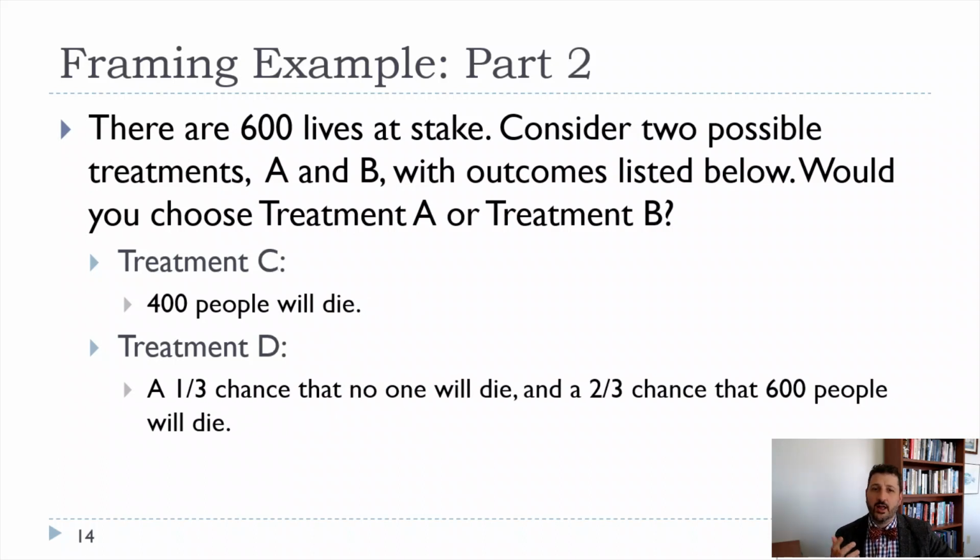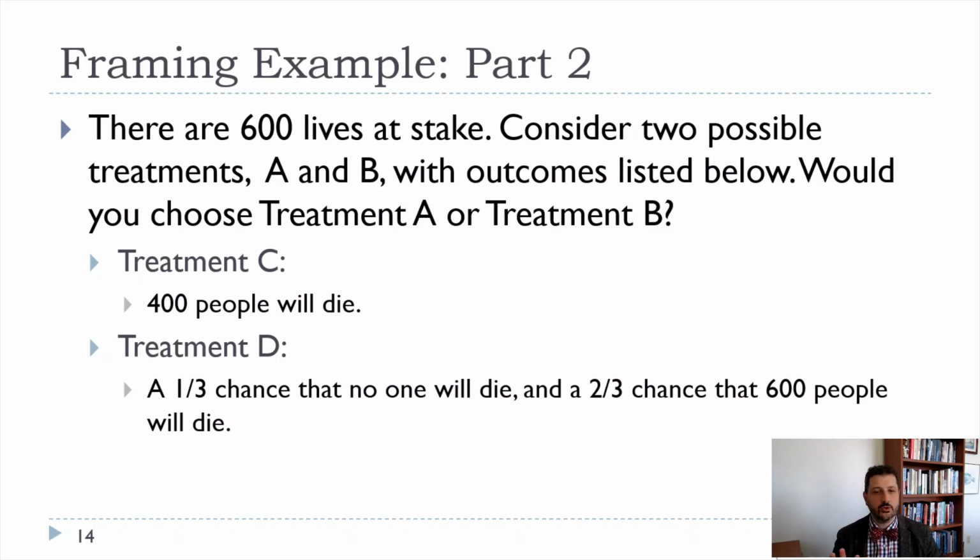Now think about C and D. Treatment C is 400 people will die. Treatment D is a 1/3 chance that no one will die and a 2/3 chance that 600 people will die.